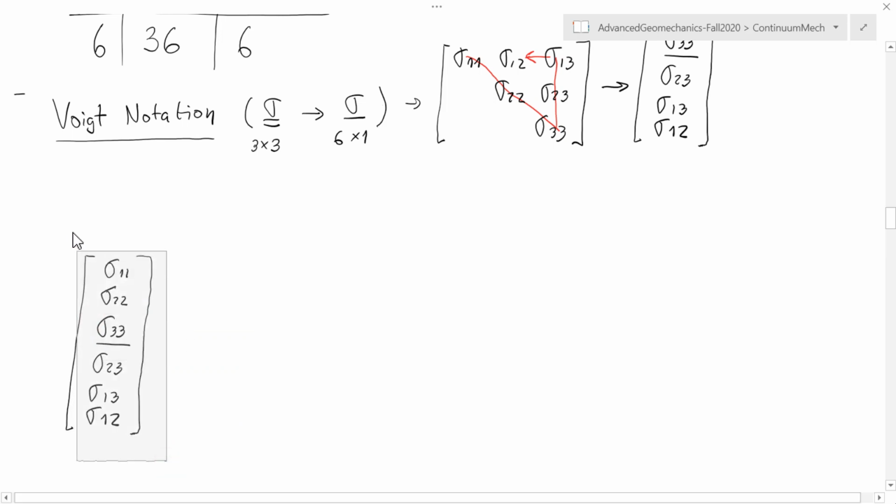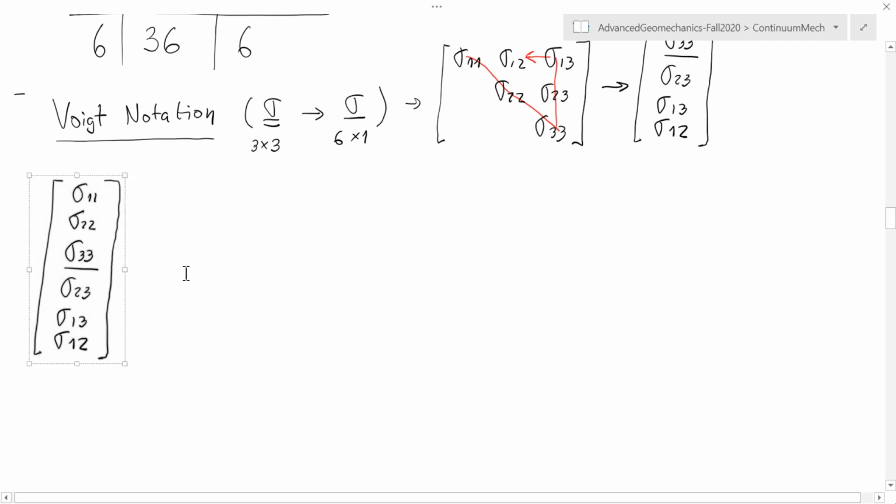This is going to be my stress tensor written as a vector. Here I'm going to have my matrix that links strain and stress, and here I will have my strain vector that follows the same rule as the previous one.